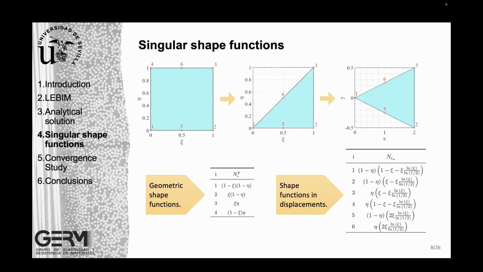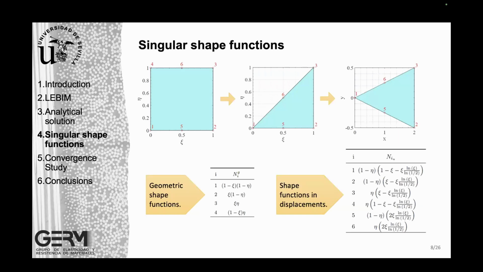The next step was to collapse the quadrilateral element into a triangular one. Then nodes 1 and 4 collapse into the same position, and at the end, the crack tip should be in position 1. So we will have the radial behavior associated to the crack.